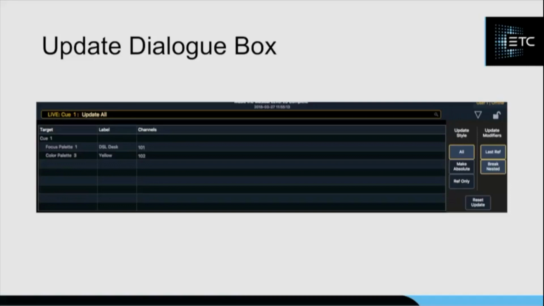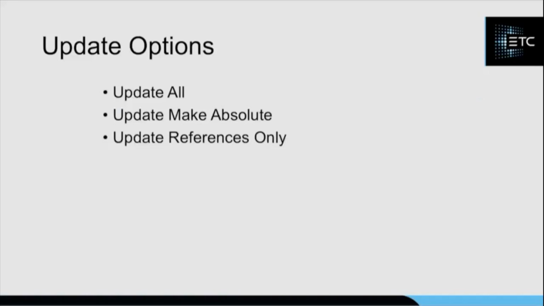So you have update style, which is update all, make absolute, and references only. We're going to come back to these. And then you have modifiers to that, which are last reference and break nested. As you hit those buttons, by the way, the content of the update dialog box will modify the data to show you exactly what's going to be changed at the point that you hit the update or the enter key.